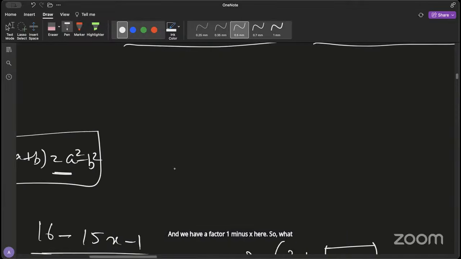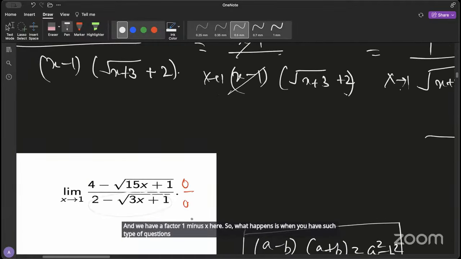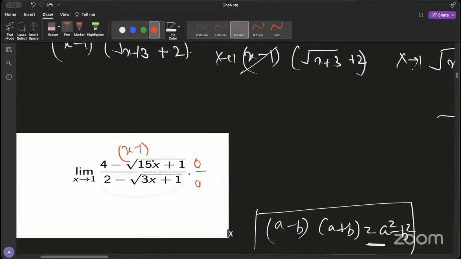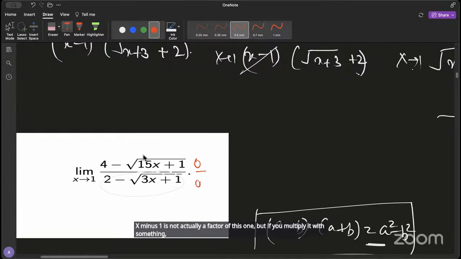So what happens is when you have such type of questions and you're getting 0 by 0 form, even if your x minus 1 factor is not very visible, x minus 1 is not actually a factor of this one, but if you multiply it with something, there's some part of it here.